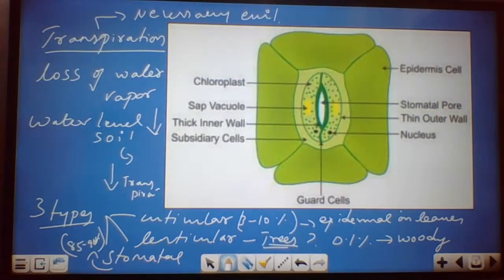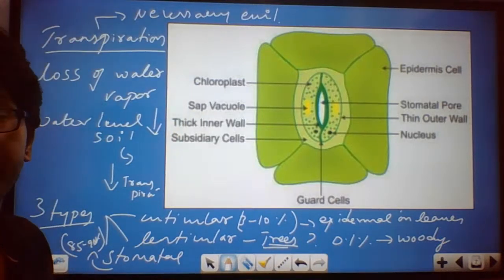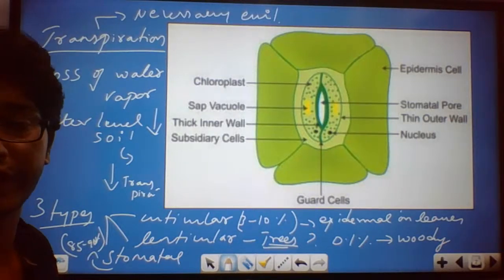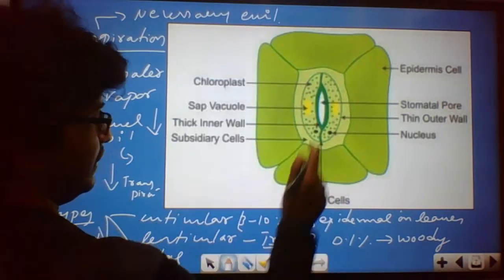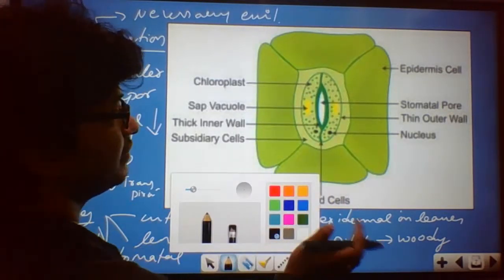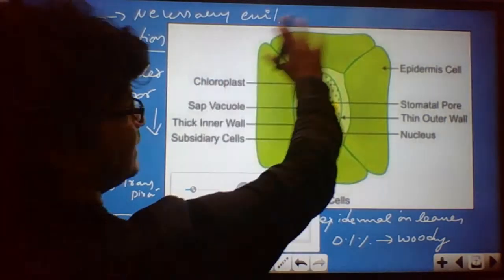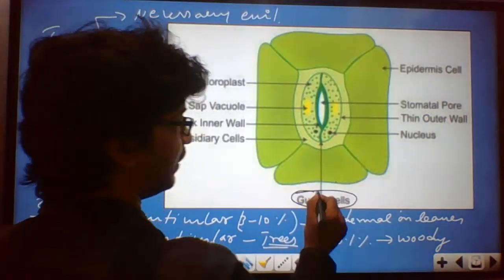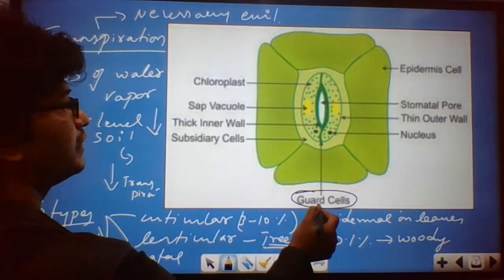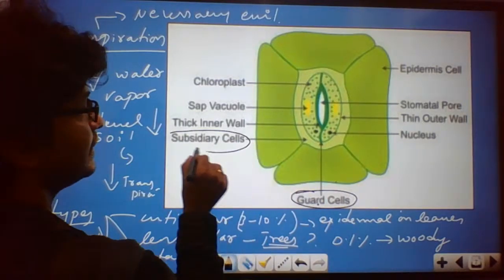Coming to the structure of the stomata, the mechanism of how it opens and closes, you have studied right from the lower classes, a very basic concept. But there is a difference in the stomatal structure between monocots and dicots. In the general structure, you could see two types of cells accompanying the stomata: the guard cells and the subsidiary cells.